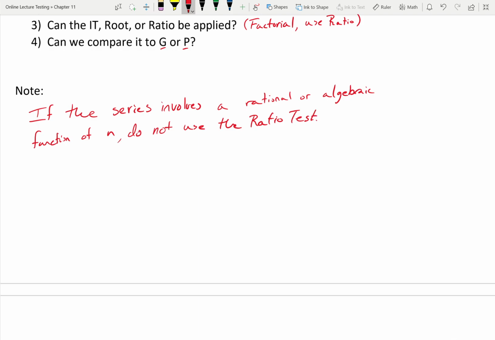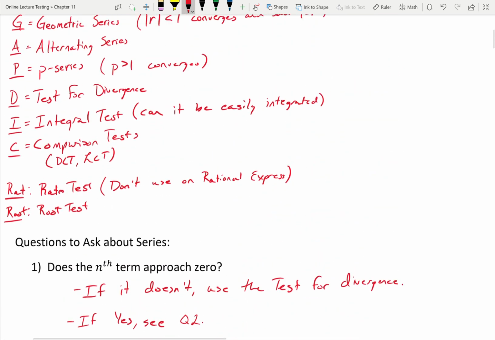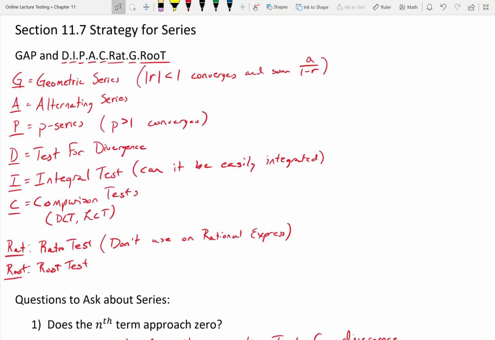All right, so again, that's my big emphasis there. But again, if it does have a factorial, use the ratio test. It works out really nice and neat. All right, so that's really the big summation of this: use GAP, use the integral, ratio, root tests on this.